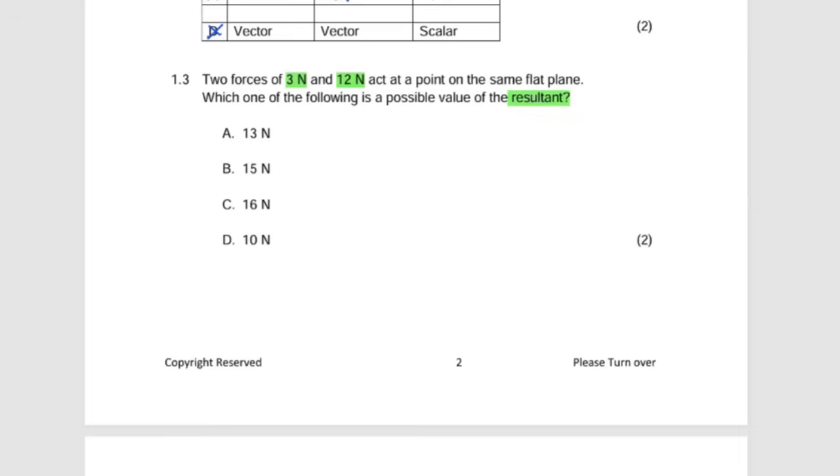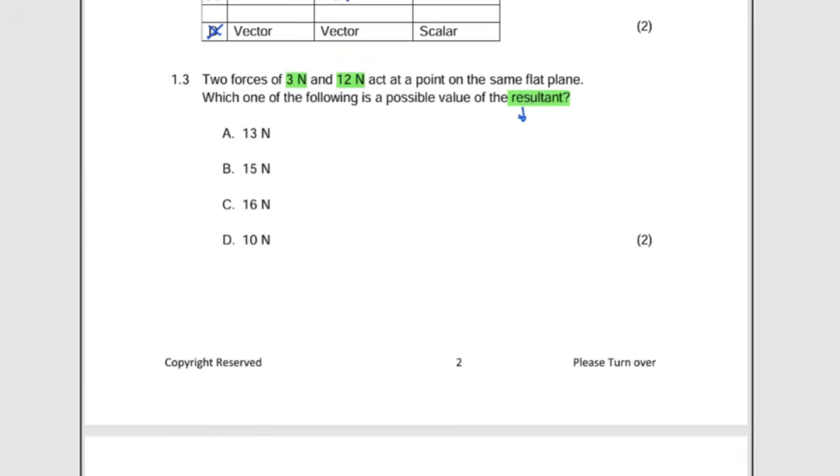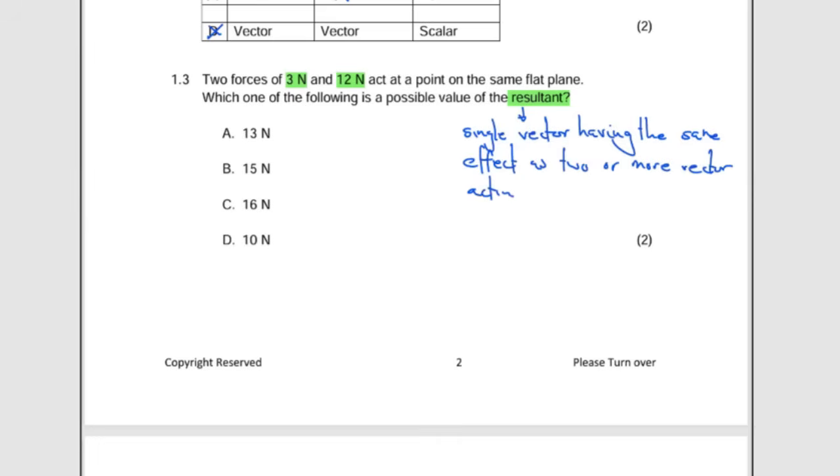By definition, we know a resultant is a single vector having the same effect as two or more vectors acting together.